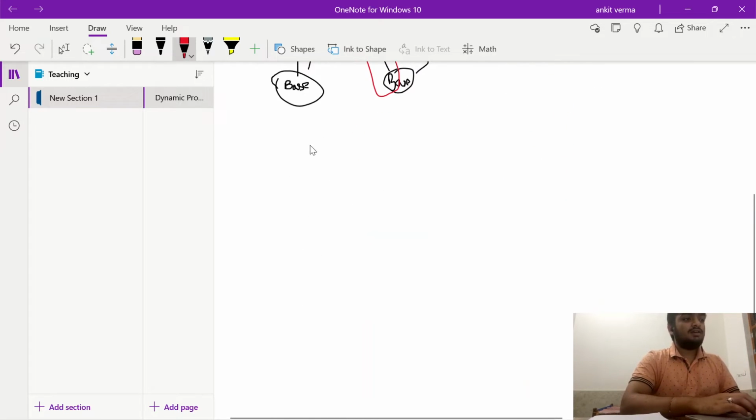So let's take an example of that. In a basic question, we have to find a Fibonacci number. You already know what a Fibonacci number is, I think, otherwise you wouldn't be here to learn dynamic programming.